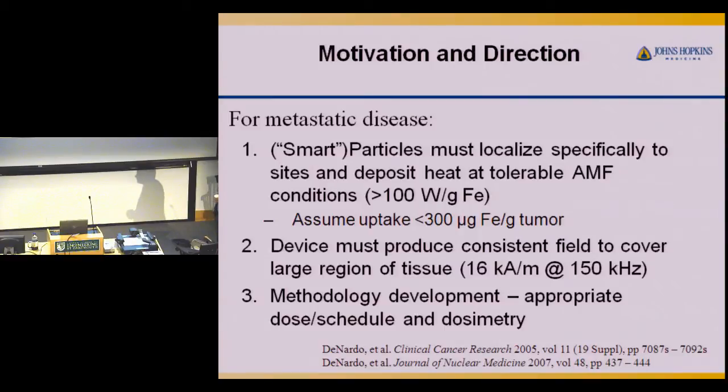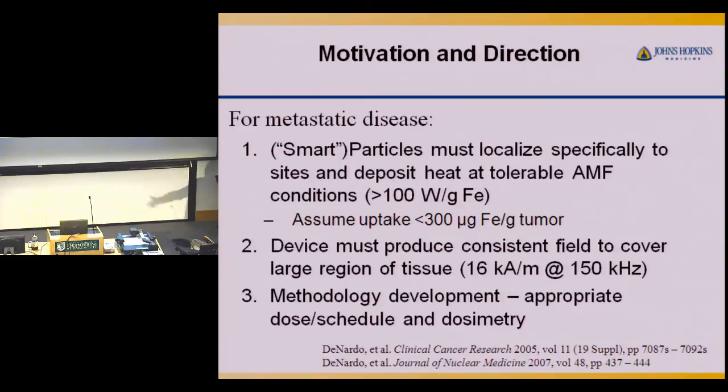I think the device has to produce a consistent field, so a homogeneous field in the region of interest, however you define that region of interest to be. And I know in the discussions I've had with many of you, there are different schools of thought. This region of interest has to be small, this region of interest has to be big. But whatever that region of interest is, I think a consistent or homogeneous flux density field is imperative.